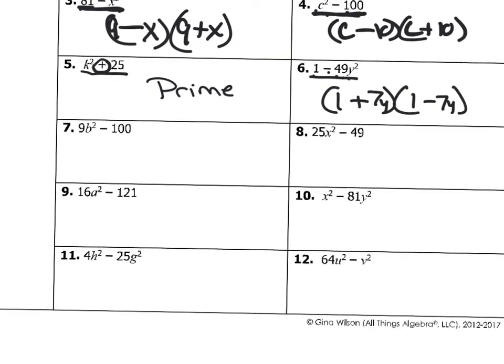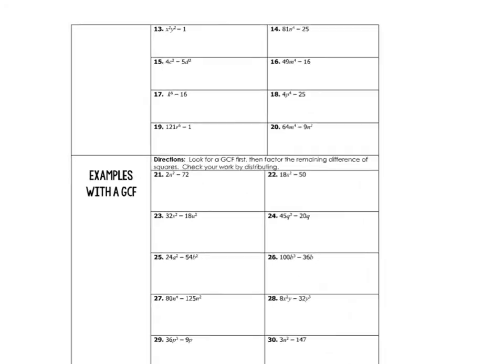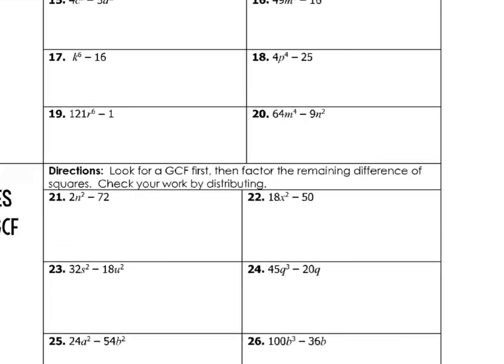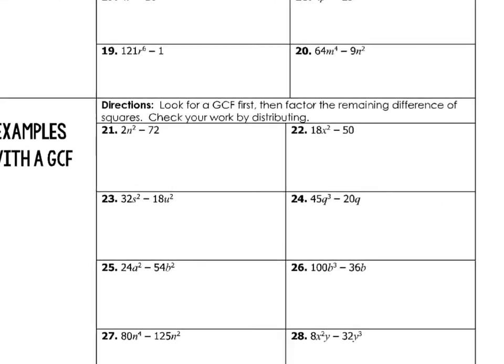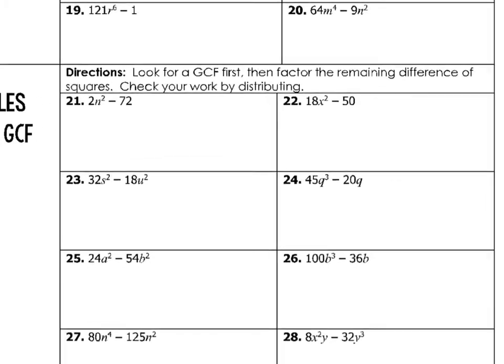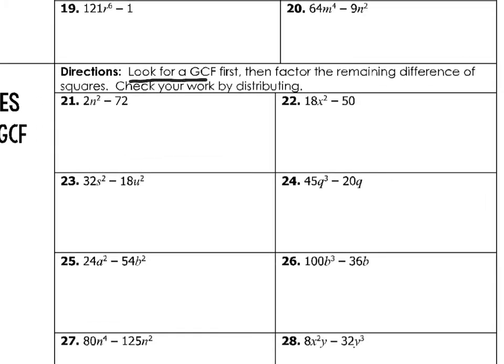All right, let's look at number 21. It says look for a GCF first. And remember when I was talking about GCF on the video, that was our first step in factoring.